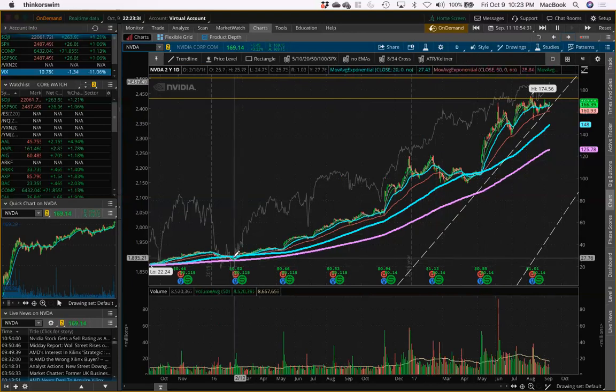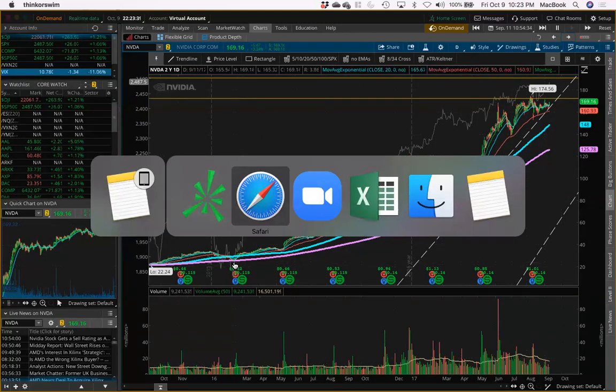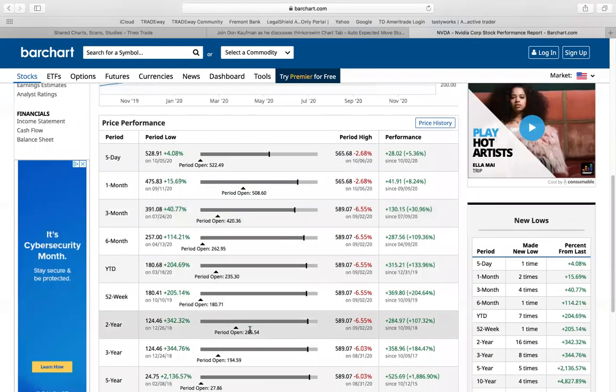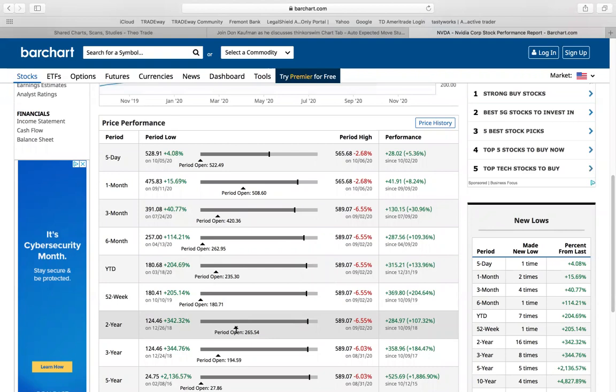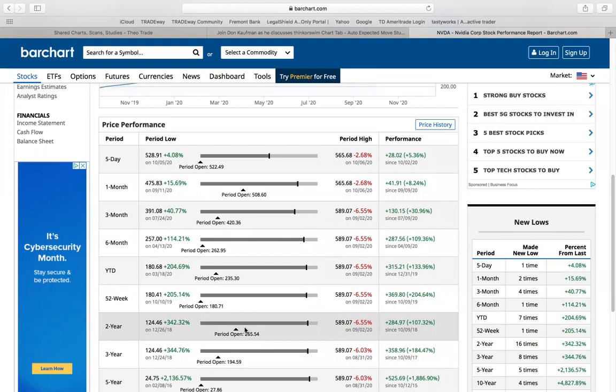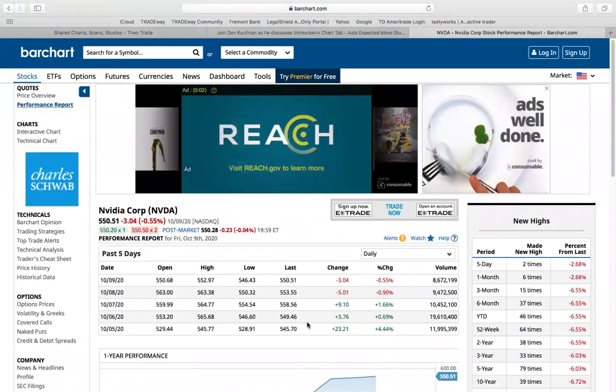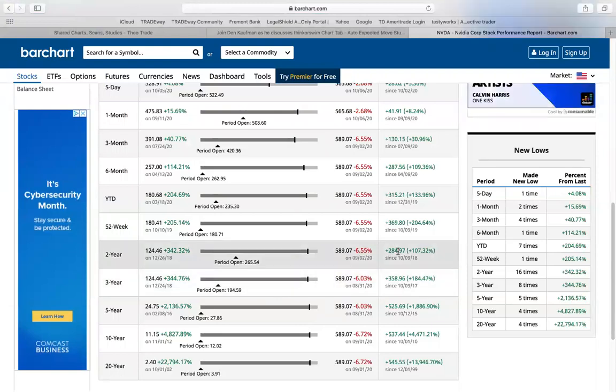So 2-year performance, as we go to bar chart real quick so we can understand what it is. What it's pretty much looking at is from 2 years ago, what was the period open 2 years ago? So 2 years ago from today's date, and today is October 9th, the stock price was at 265.54. And its performance to today's current price of 550.51 is $284.97.